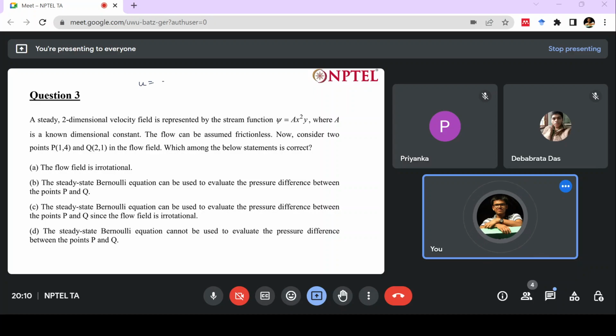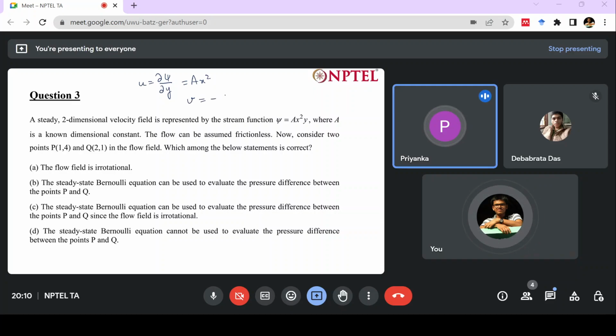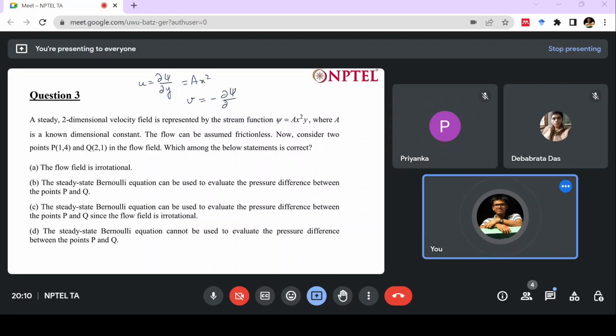So u is del psi del y, right? Yes, sir. So this is ax square, and v is, how much? Minus del psi del x. So this is minus 2ax.